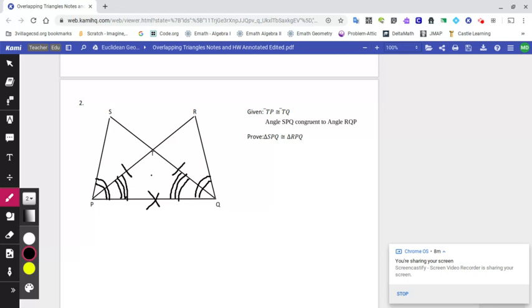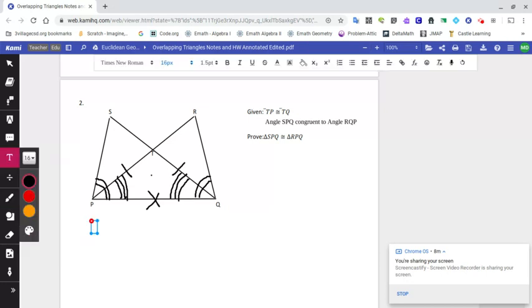Okay, so let's write this one now. So my first given, TP is congruent to TQ. Given. Two. Okay, because of that, I can say angle TPQ is congruent to angle TQP.